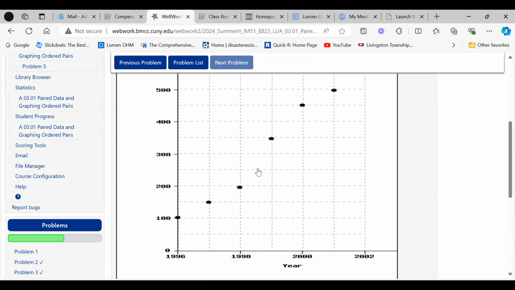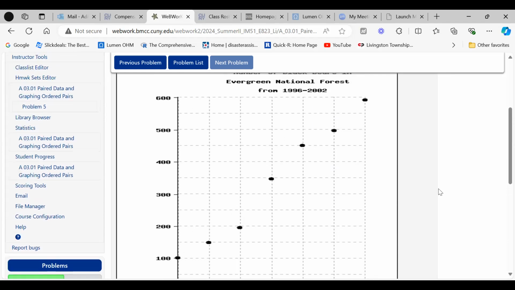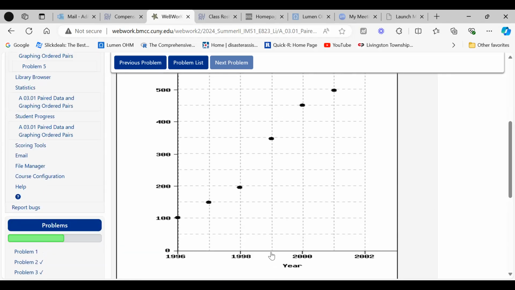So this is 1999, and the corresponding one will be 200 bears. That's for 1998.